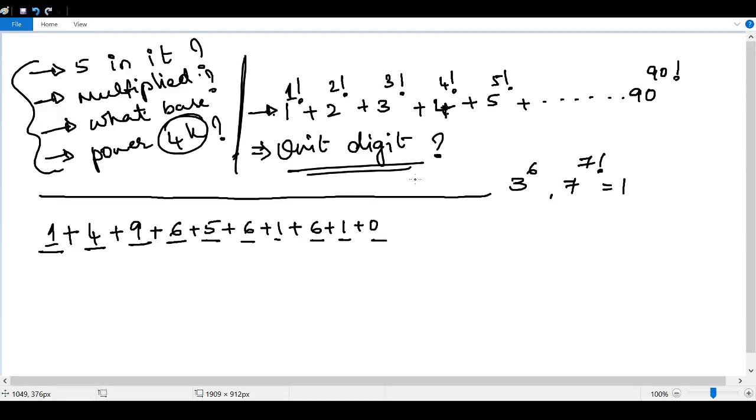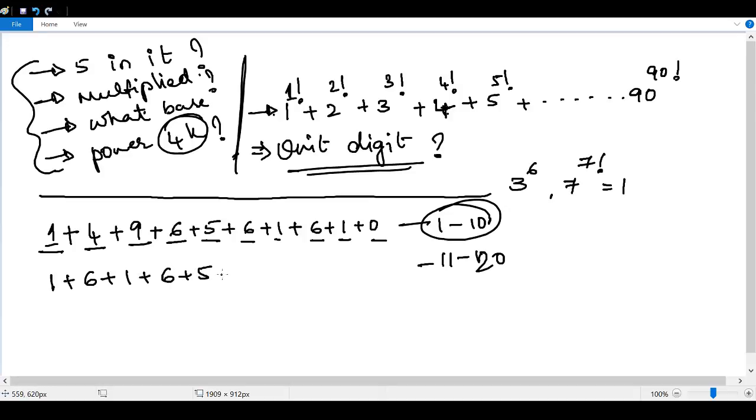Now this is 1 to 10. Do you think the pattern of 1 to 10 will hold true for 11 to 20? Something in mind? Let's see. 11 power 11 factorial, 12 power 12 factorial, 13 power 13 factorial, 14 power 14 factorial, 15 power 15 factorial, 16 power 16 factorial, 17 power 17 factorial, 18 power 18 factorial, 19 power 19 factorial, 20 power 20 factorial.